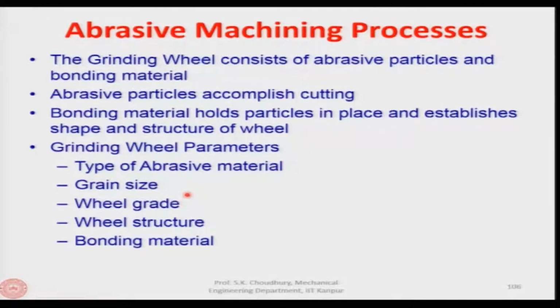What is the wheel grade? Grade is the strength of the bonding material. Depending on what kind of grade we are using, the grinding wheel will be hard or soft. Wheel structure is the gap or void between the grains in the grinding wheel. The bonding material is either vitrified bond or shellac or resinoid or rubber or metal. Depending on that, the performance of the grinding wheel is defined.